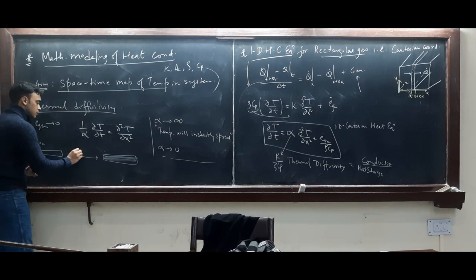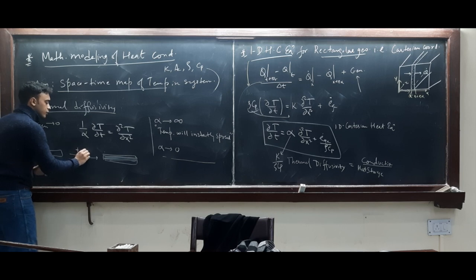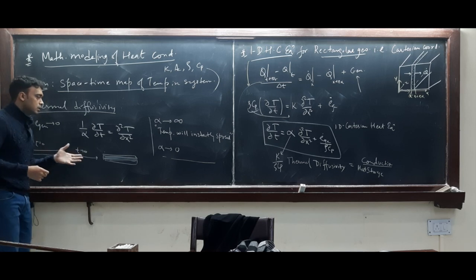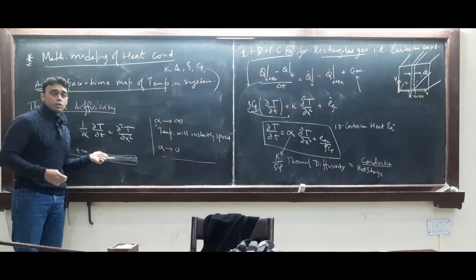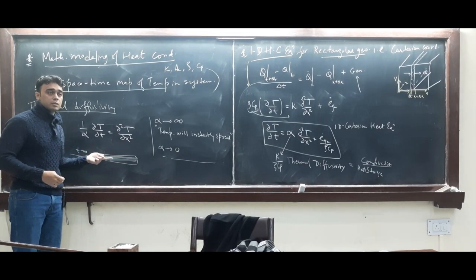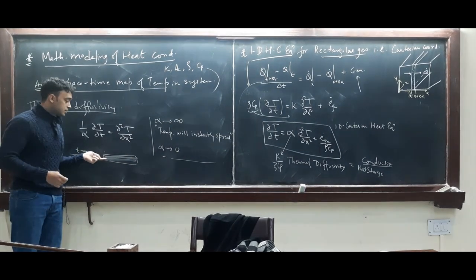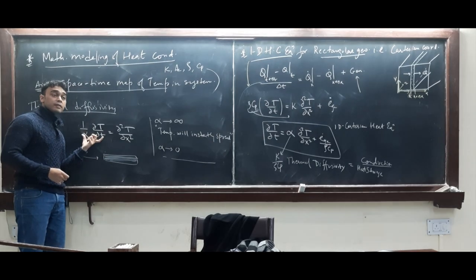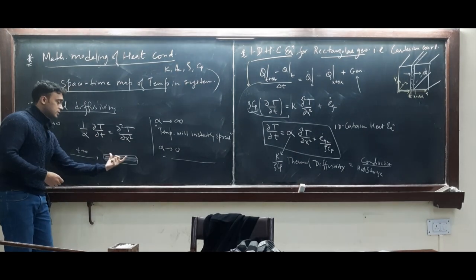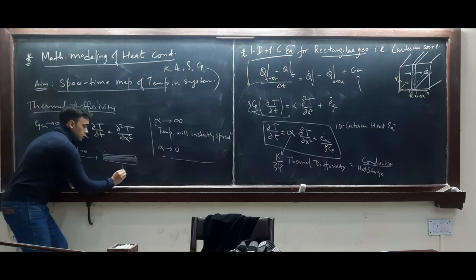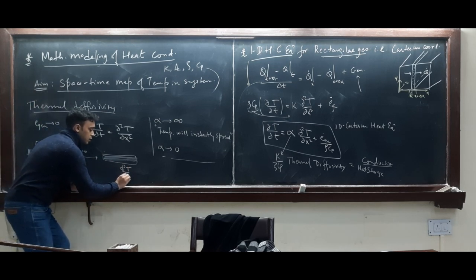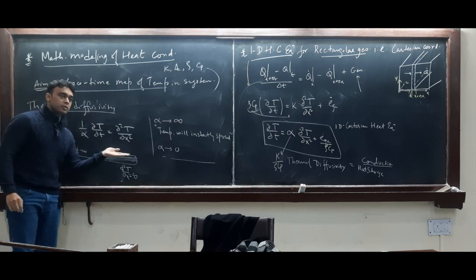If you give t tending to infinity, long enough time, it doesn't matter what your alpha is, you're going to get your steady state temperature, meaning that this term will vanish eventually. So how could you derive this temperature? You could just write it, and solving this will give you the steady state temperature.